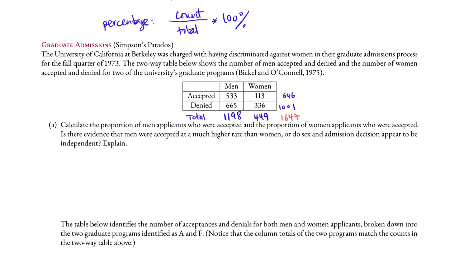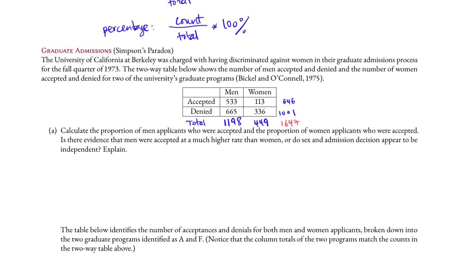Calculate the proportion of men applicants who were accepted and the proportion of women applicants who were accepted. There's a pattern in the question here. It is the proportion of men applicants. How many male applications in total? There should be 1198 total.